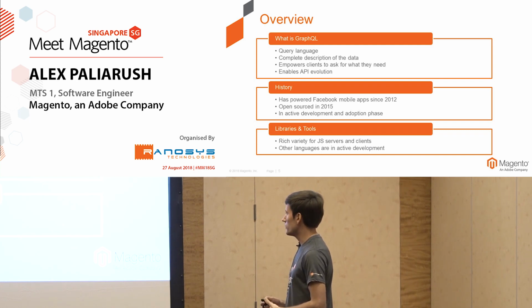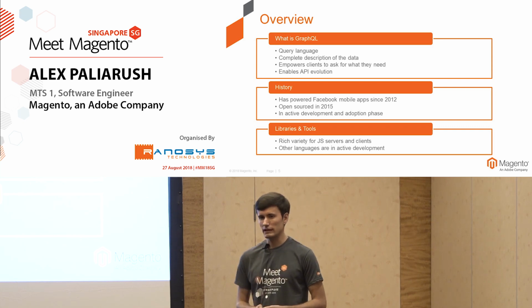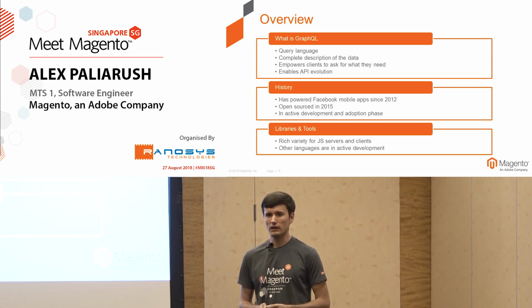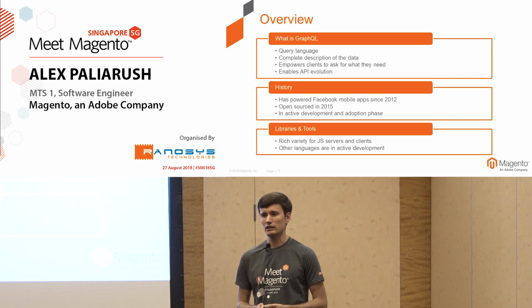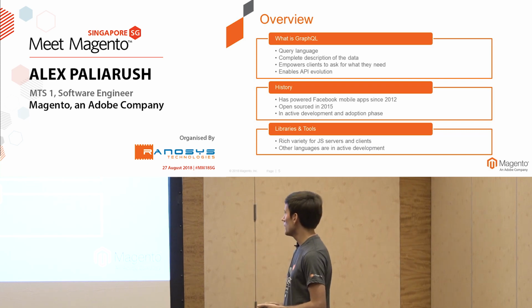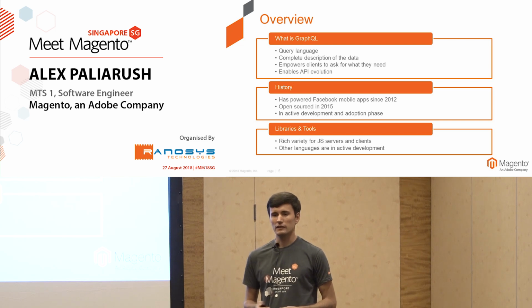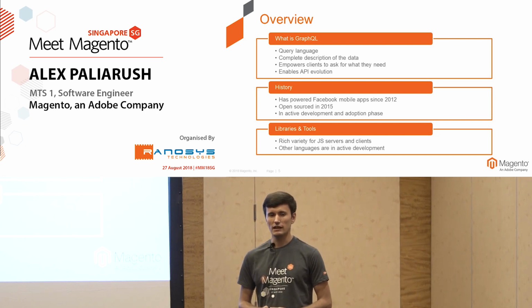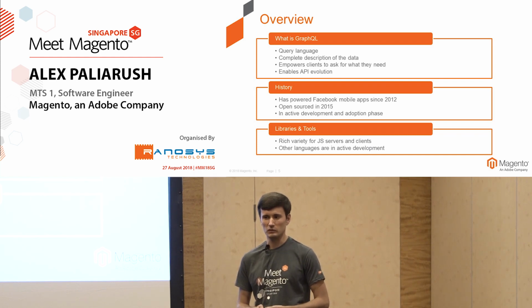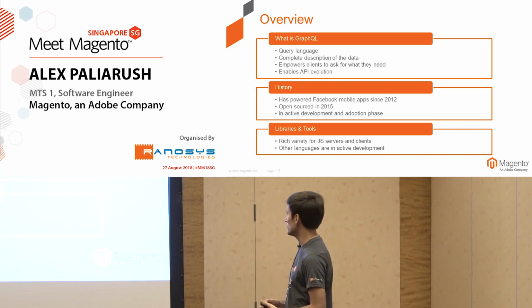The richest support for GraphQL is currently in the JavaScript community, and you can find a lot of tools for server-side and client-side developers. However, in other languages like PHP there is also a pretty active community, and we are developing GraphQL for Magento in PHP, so you can join us here as well.